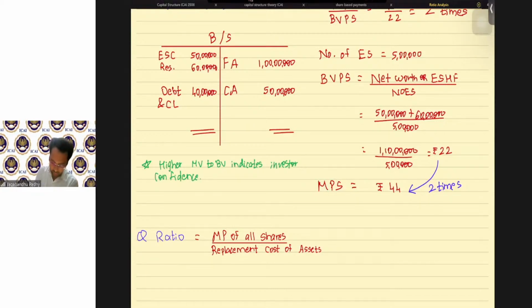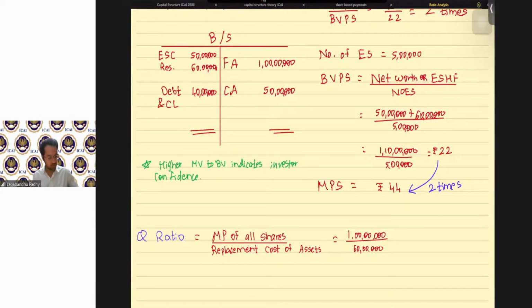So let's say the market value of all shares is 1 crore, and the replacement cost of the assets is maybe 60 lakh. Whatever assets the company has will need 60 lakh to replace them, whereas the market value of all the shares is 1 crore.